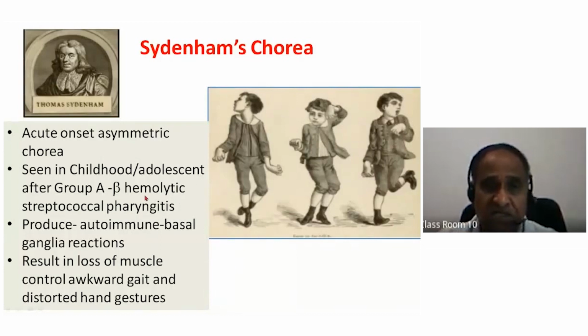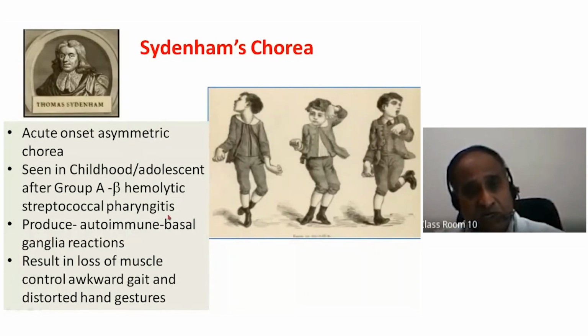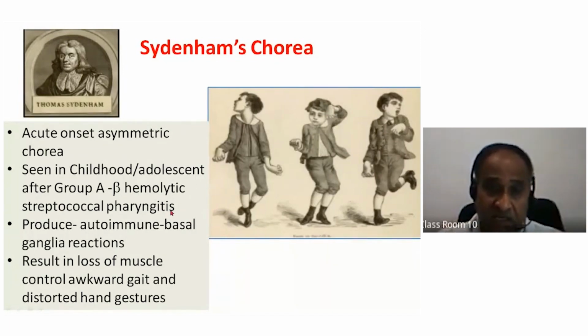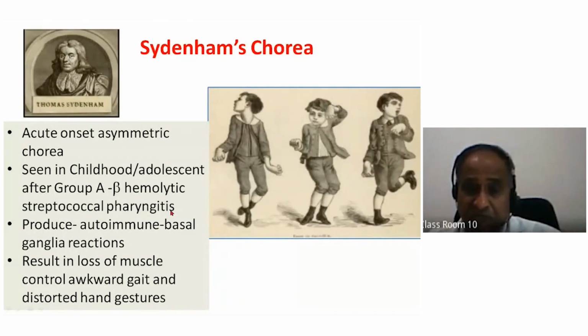Mind you, here this beta hemolytic streptococcal pharyngitis also produces other defects in our body. It will alter valvular functions, with valvular deposits, so they will have either incompetencies or mitral valve or aortic valve defects.